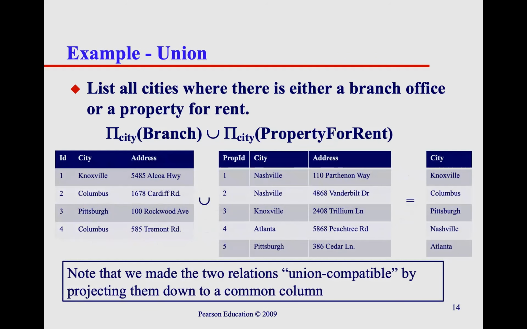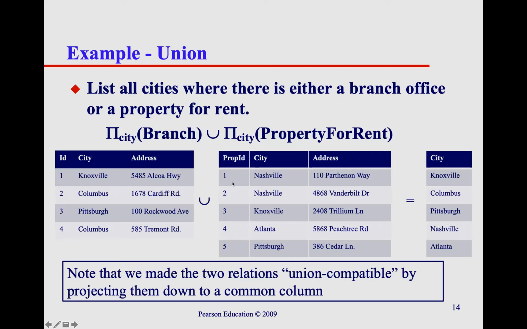Okay, so here's an example where we are taking the branch and property for rent. We make them union compatible by projecting out the city, because before they are union, you see that city and address. Actually, these are union compatible without even projecting out city, because even though the names of the columns are different, both columns have an integer domain.